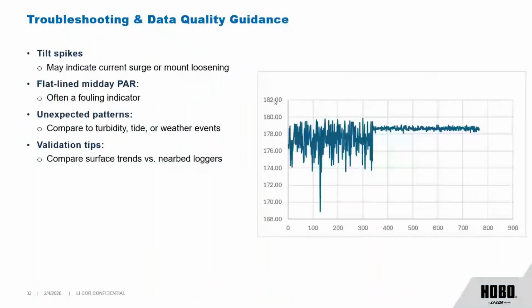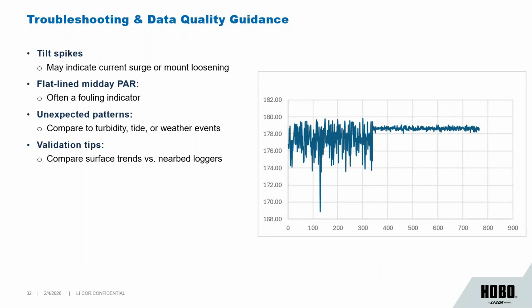So, just some troubleshooting and data quality guidance. This is just to help you interpret some common patterns. For example, a sudden tilt spike usually points to maybe current surges or a loose mount. So making sure that the device is securely mounted is very critical.